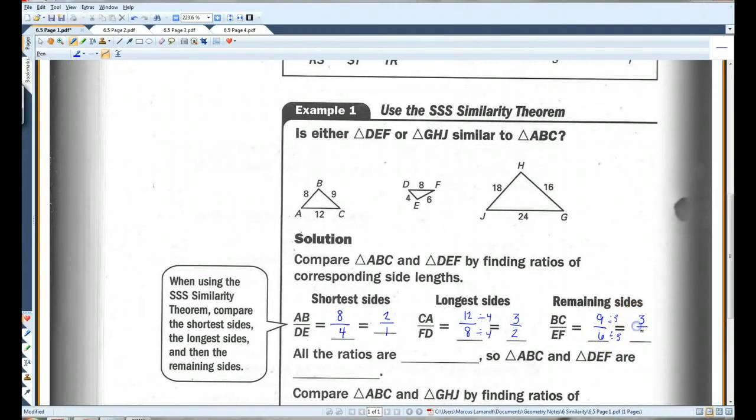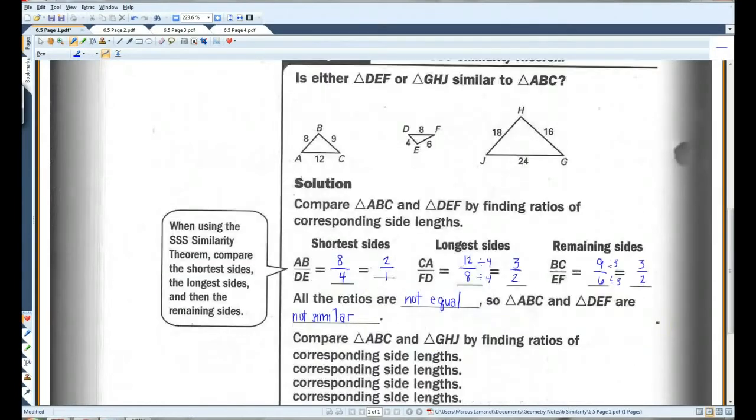You get 3 over 2. All the ratios are not equal. So, triangle ABC and triangle DEF are not similar. In order for these to be similar, each of these ratios needs to be exactly the same.